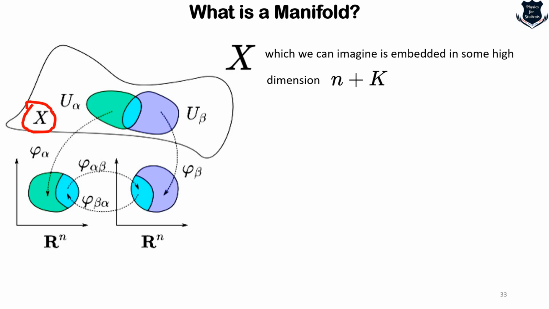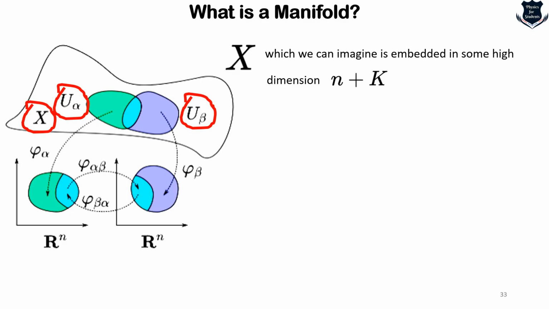Now we have two different patches or domains, defined by U alpha and U beta. You can imagine these as local coordinate neighborhoods: U alpha, the green, and U beta, the purple, which are in X.